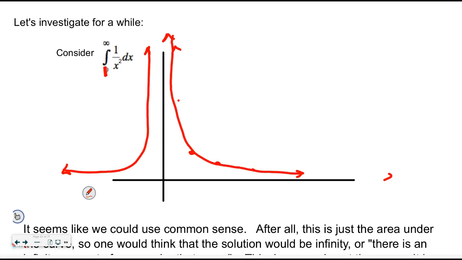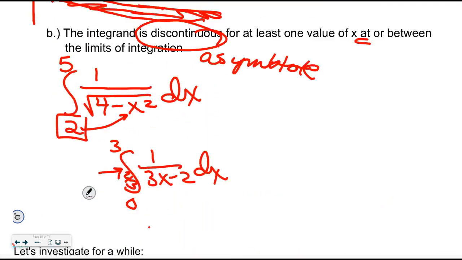This is asking me to collect the signed area from 1 on out to infinity. Okay? So go like that. From 1 on out to infinity. It seems like we could use common sense, right?